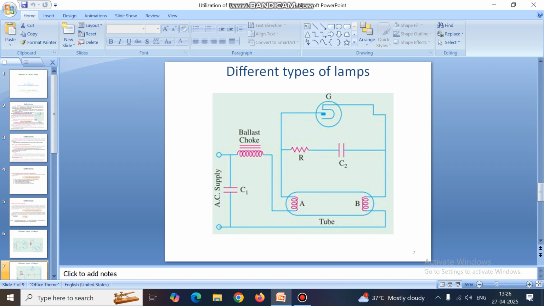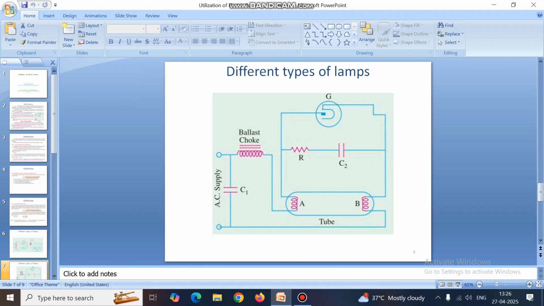There is an AC supply. Across the AC supply there is the capacitor to improve the power factor. After that, the supply goes to the choke. The choke is an inductive coil which increases the voltage, and this path is followed.